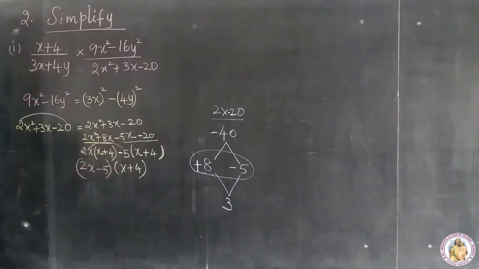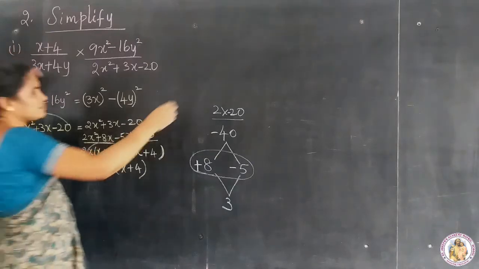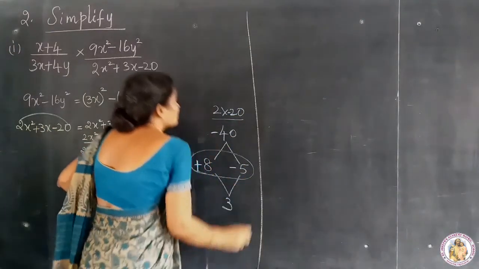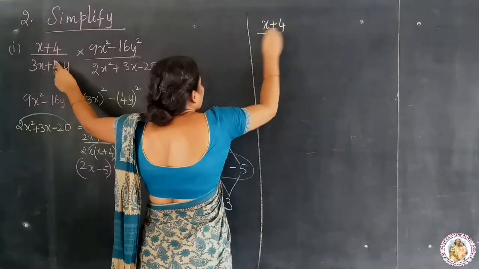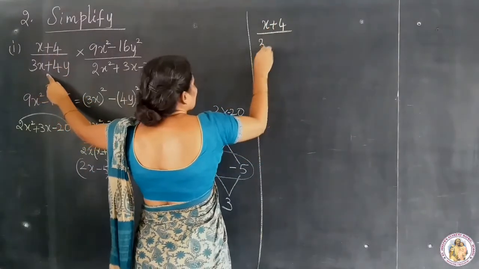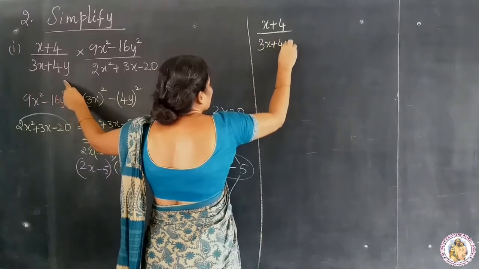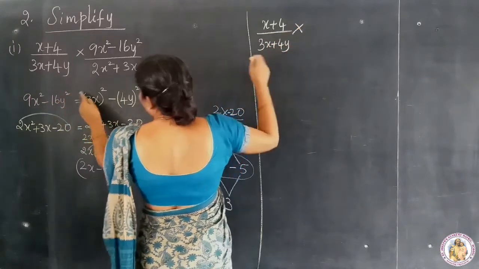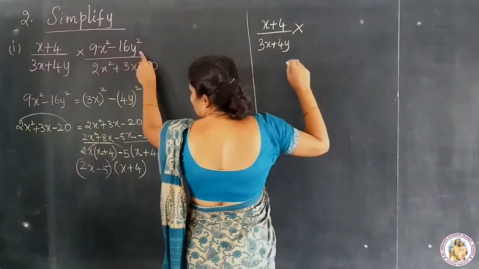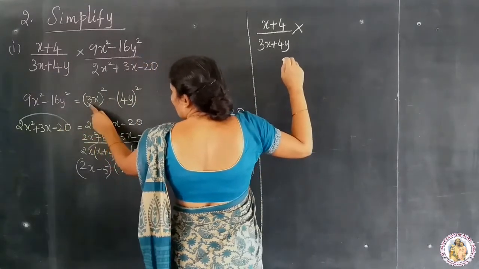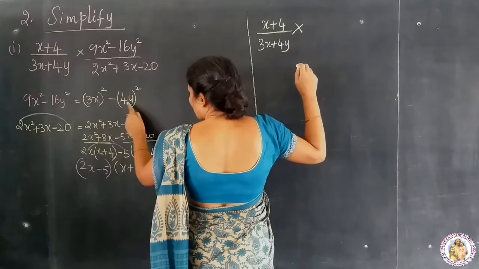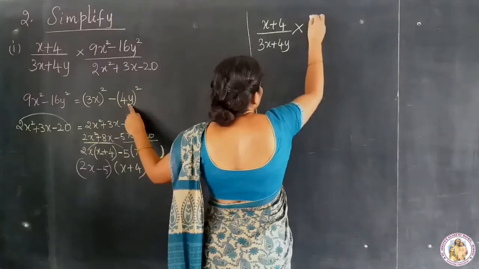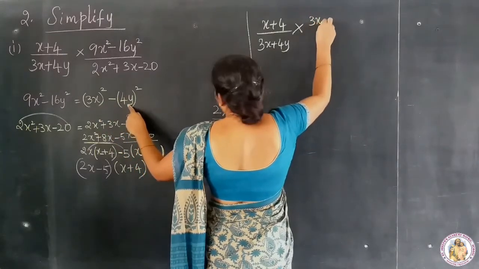Okay, now we can simplify. X plus 4 by 3x plus 4y into, so for 9x square minus 16y square, we get 3x square minus 4y square, that is a square minus b square. A square minus b square is a plus b and a minus b.